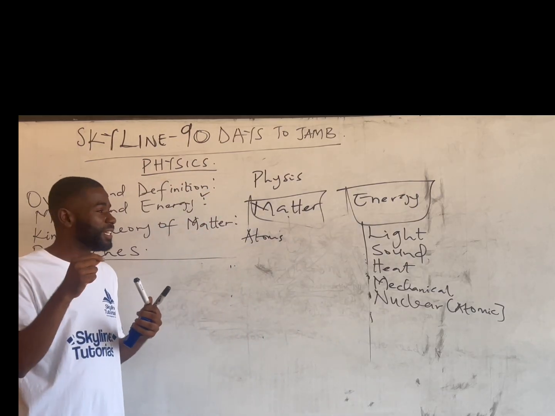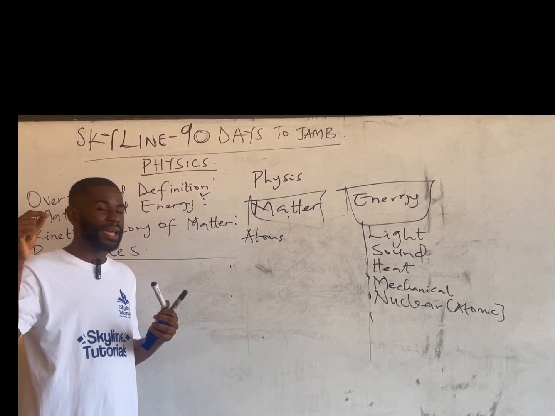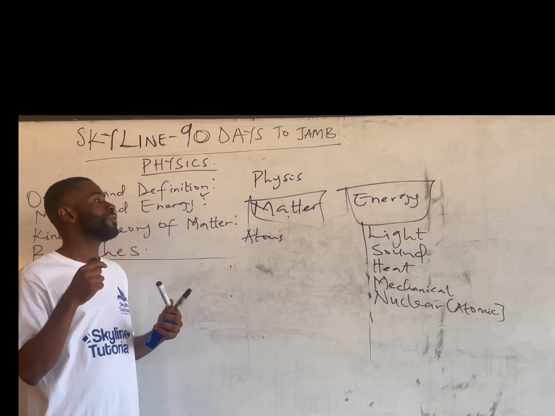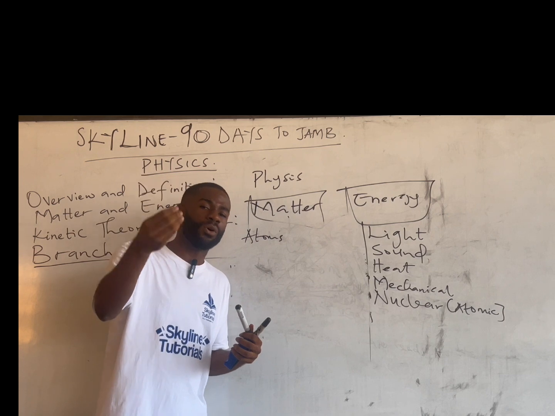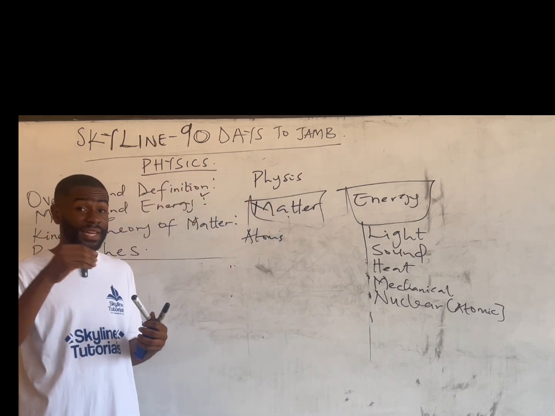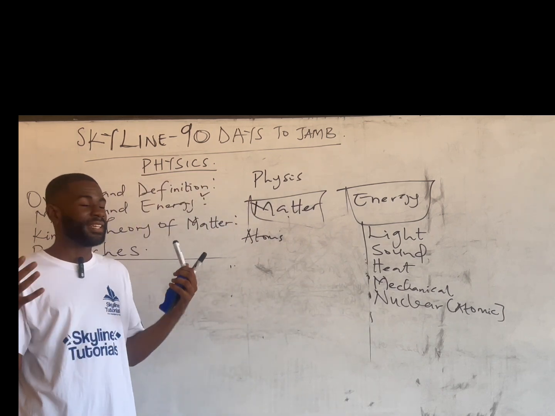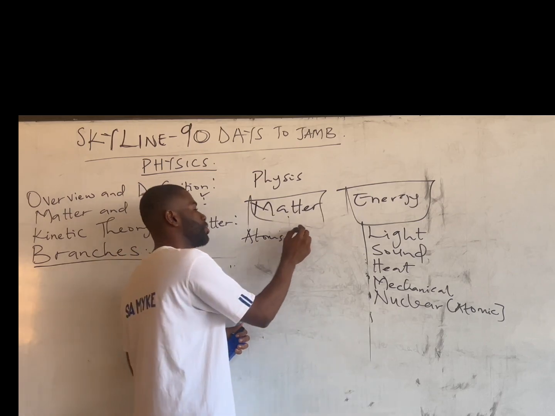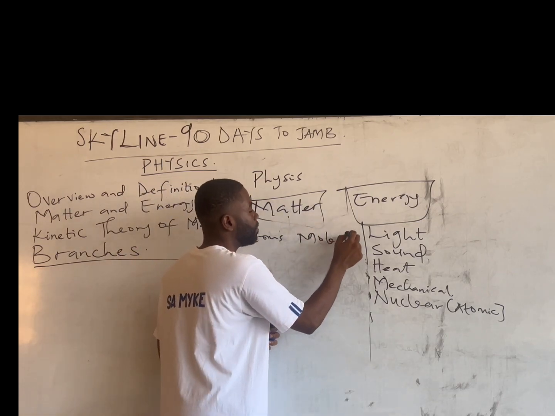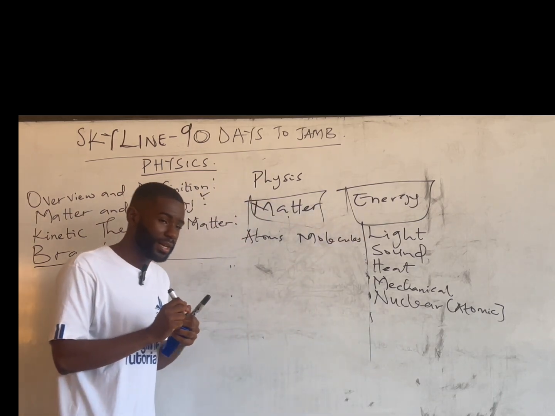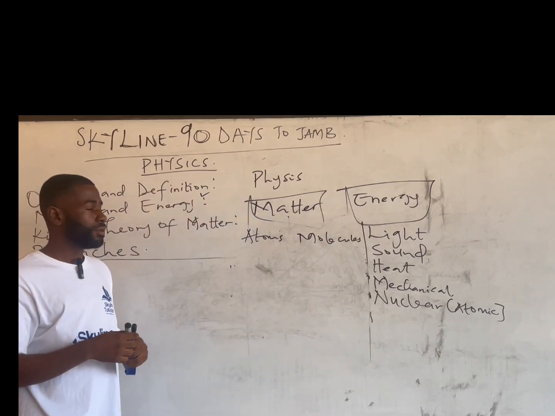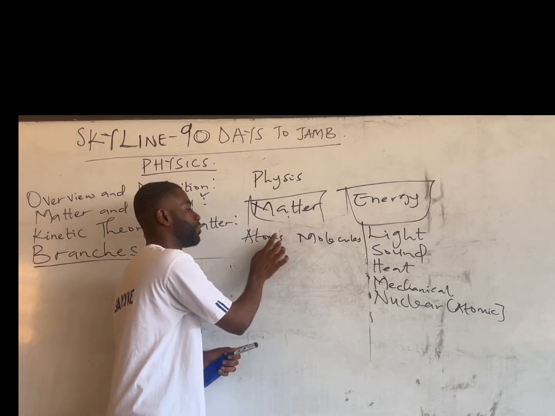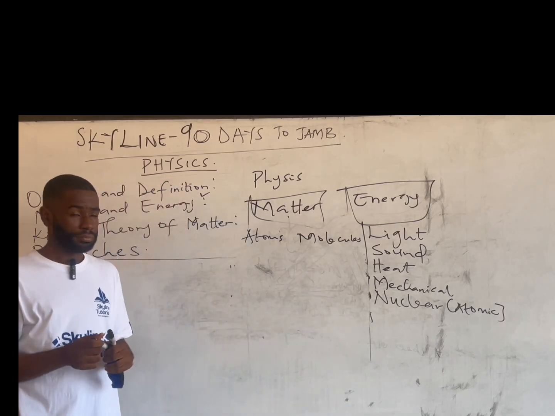Atoms are the smallest indivisible particles of a substance. These atoms are so small that they cannot exist on their own. What happens is that they come together to constitute what we call molecules. So matter is made up of atoms and molecules.